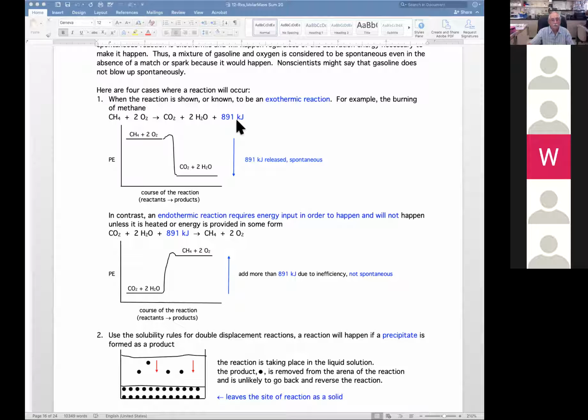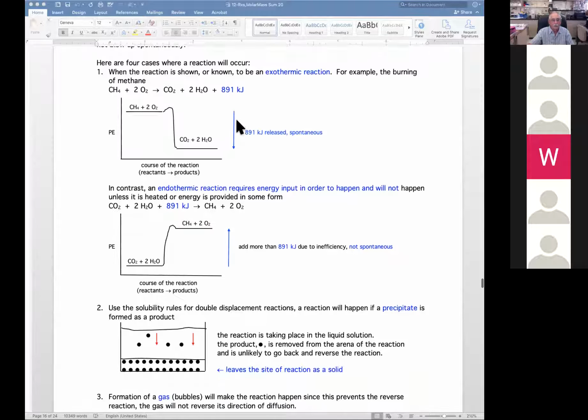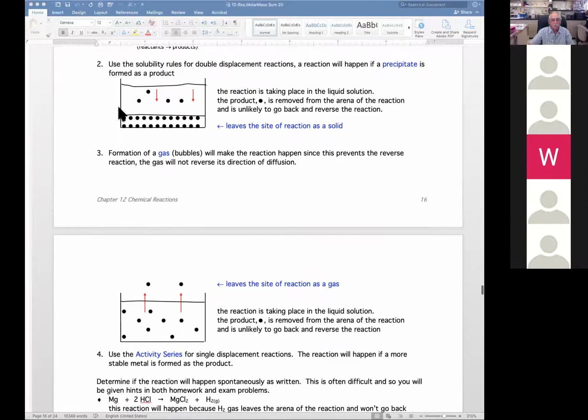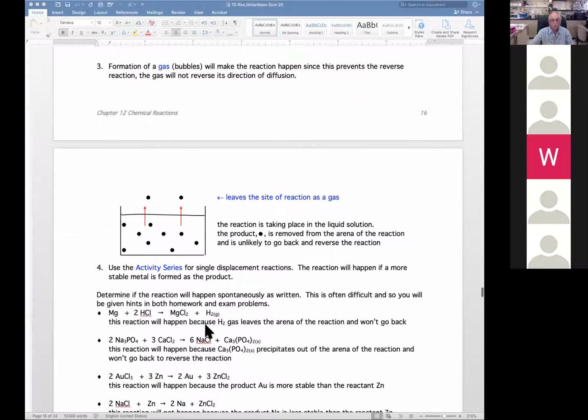That's going to happen. Again, this is what the solubility rules told us. We don't have any rules for gases, so that makes it more difficult. So in your case, you just look for the symbol G, right, to tell you that you formed a gas, like here.